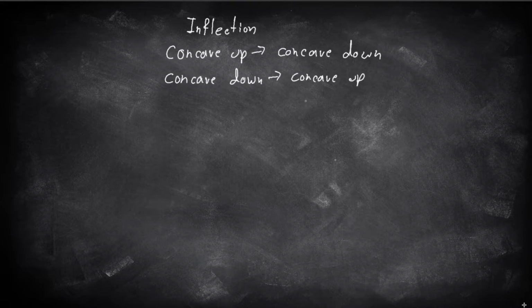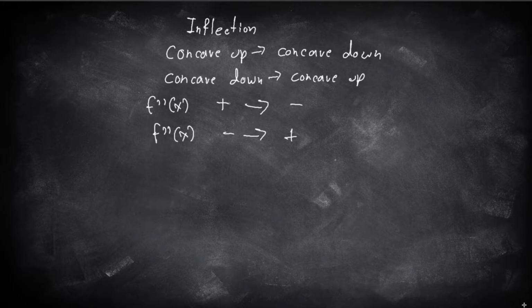As we said a few seconds ago, concave up is positive and concave down is negative. So if your second derivative changes from positive to negative, or from negative to positive, we have an inflection point.